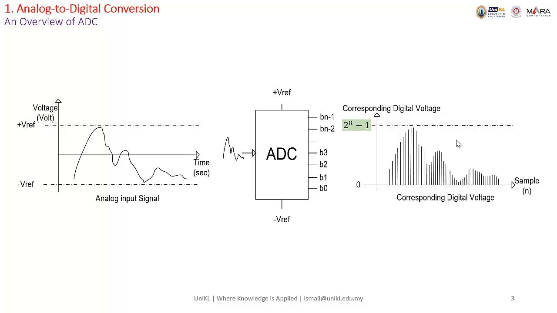So the middle is at 2.5 volt, and the output is half, which is 2 power of 7 minus 1, which is equal to 127. So you can calculate it later. I will show you the formula for how to calculate the corresponding digital value.